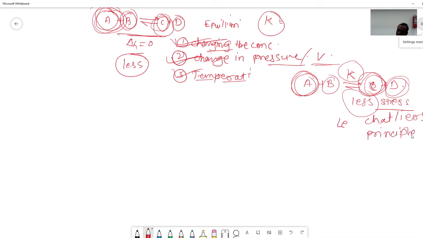What is Le Chatelier's principle? The reaction is shifted to the less stress side, meaning the overall stress of the reaction becomes less. Either it moves backward or forward, but overall the stress becomes less. That is Le Chatelier's principle.